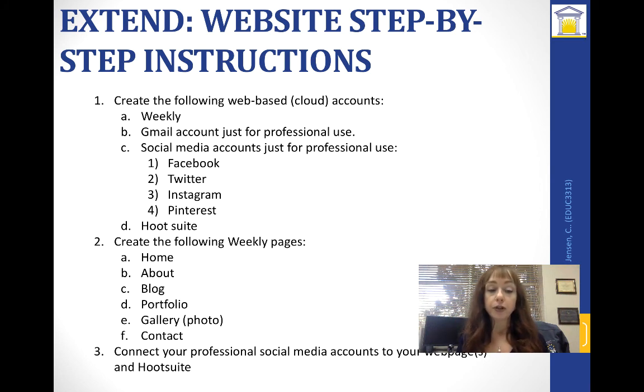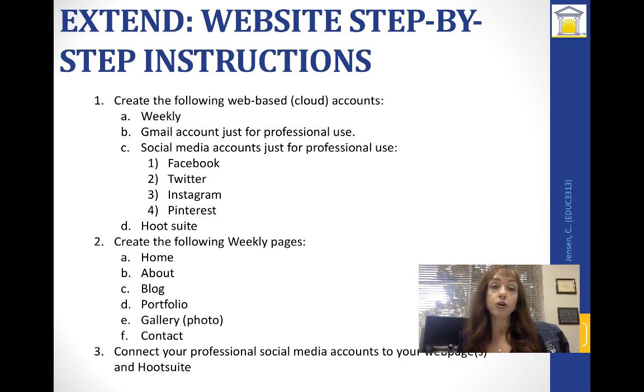And then number 3, you're going to go back and connect your professional social media accounts to your webpage and your Hootsuite. Okay, and basically on Weebly, you just go to that page to connect your social media. That would be Facebook and Twitter only. And then when you create your Hootsuite account, it will have you log into your Facebook and your Twitter via Hootsuite and connect them.